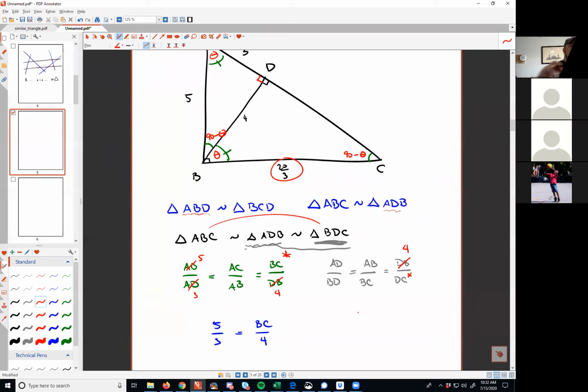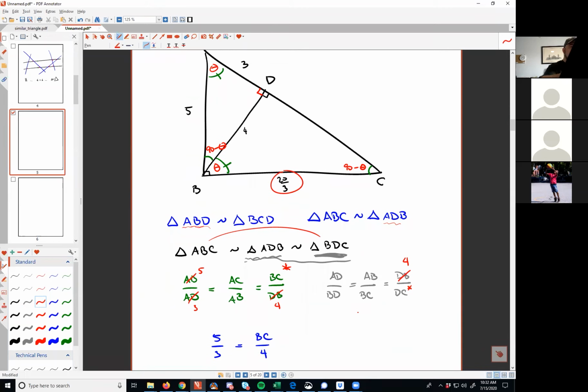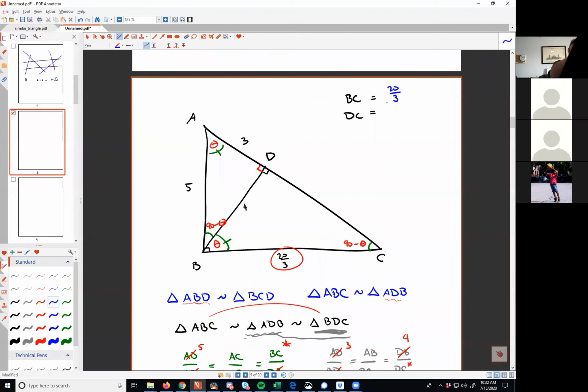And then we look for other links we can make use of. AD is equal to 3 and BD is equal to 4. So 3/4 equals 4 over DC. And we can cross multiply. And I believe you did say 16/3, didn't you? Yeah. Very good.